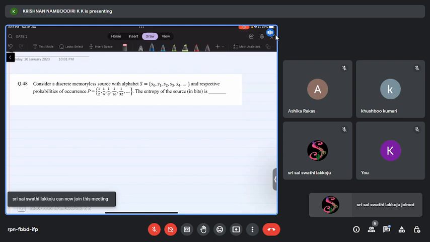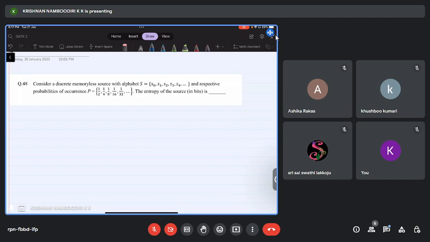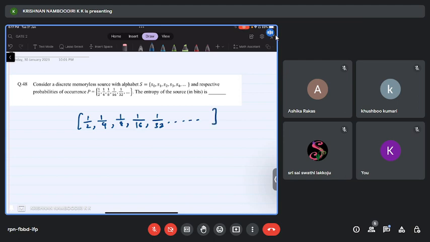Now the source can emit infinite number of alphabets, and the probability mass function is given. It's an infinite length vector, 1 by 2, 1 by 4, 1 by 8, 1 by 16, 1 by 32, dot, dot, dot. So this infinite series will sum up to 1 because it's a probability mass function.